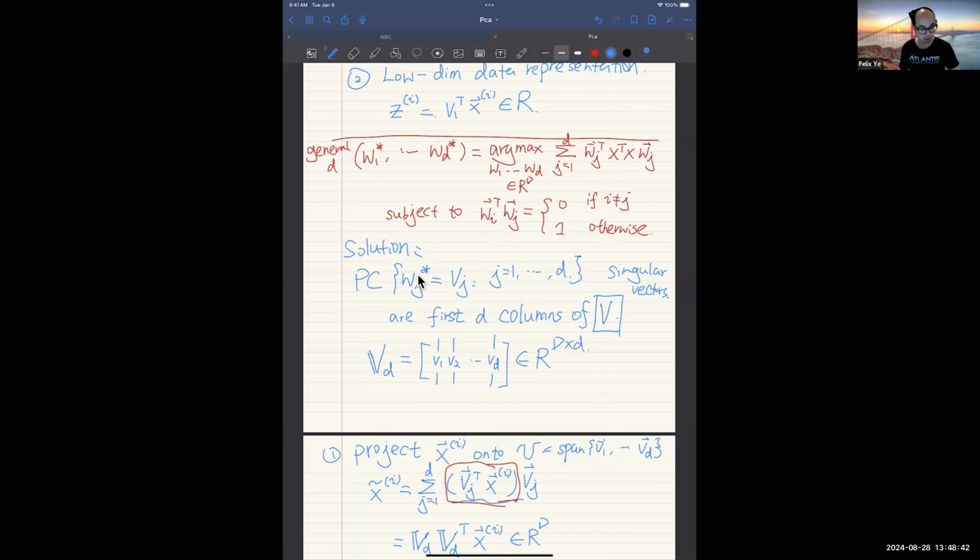That's quite rare; there are very few situations where we can solve it analytically. In this case the solution is just the singular vectors of the X matrix, basically the first D singular vectors. In terms of matrix representation, it will just be the first D columns of V.